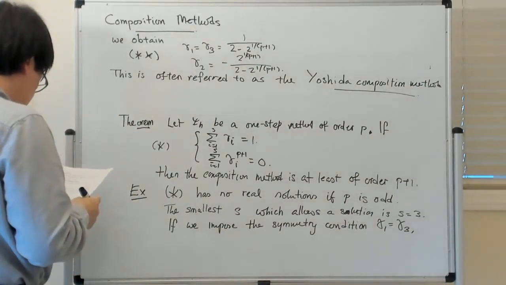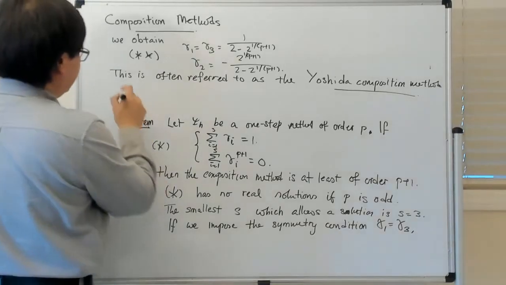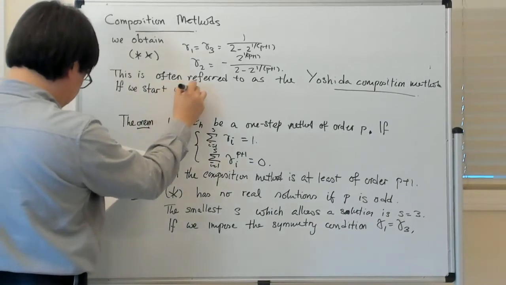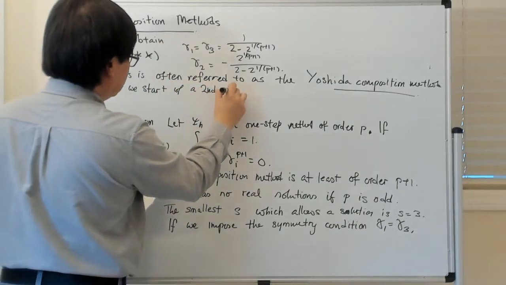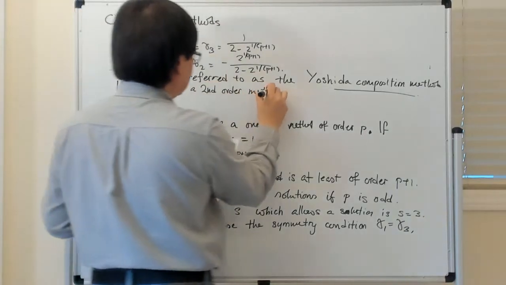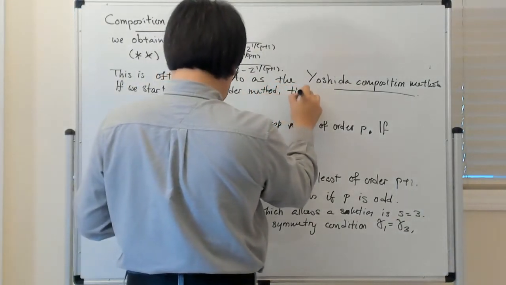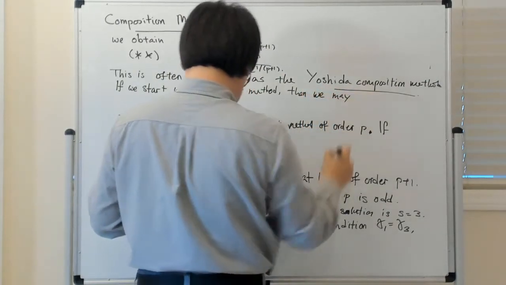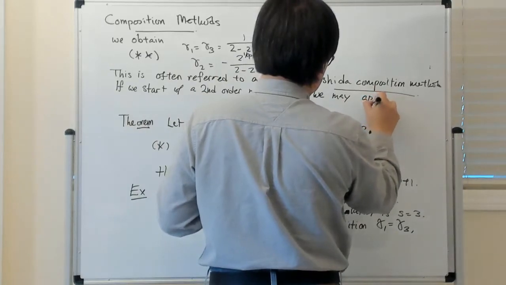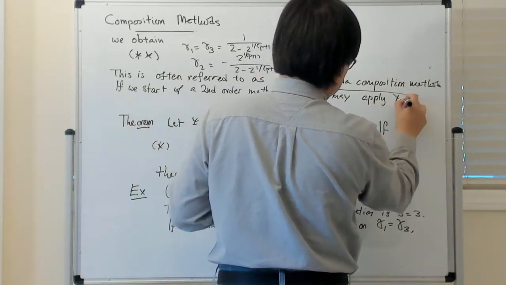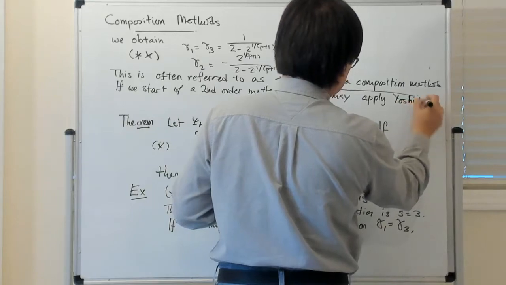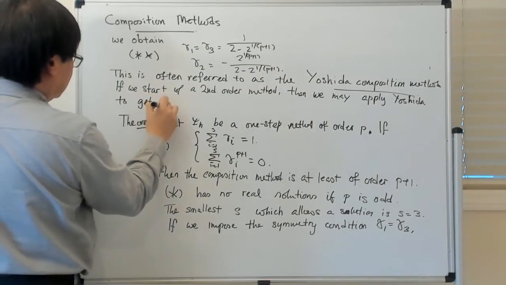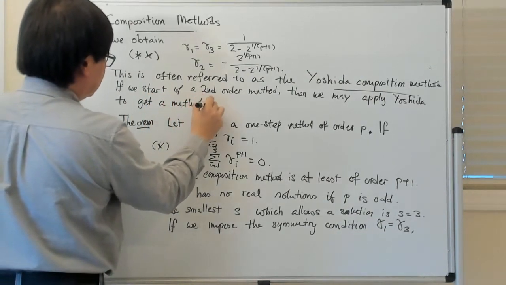And so if you start with a second order method, then we may apply Yoshida to get a method of order 3.